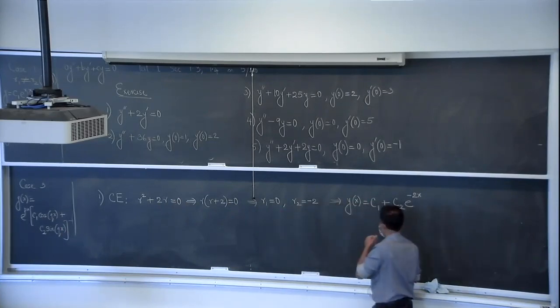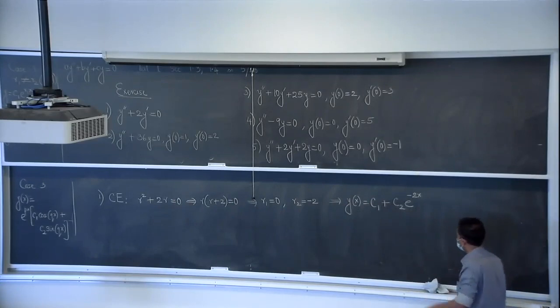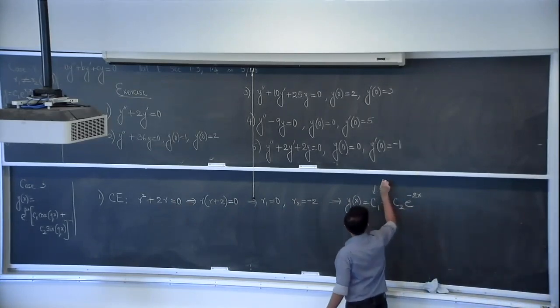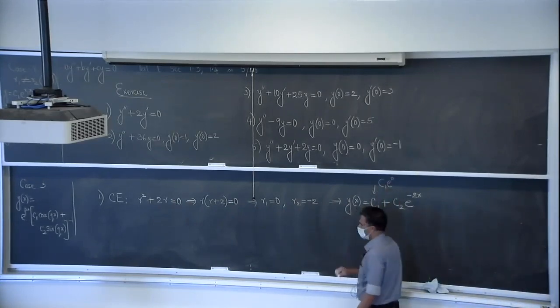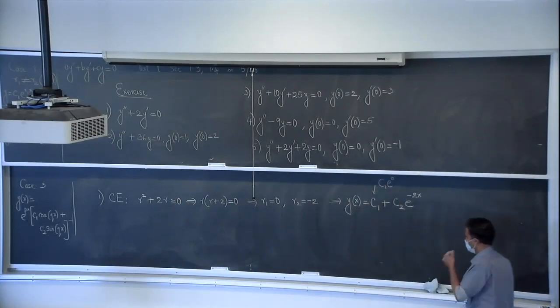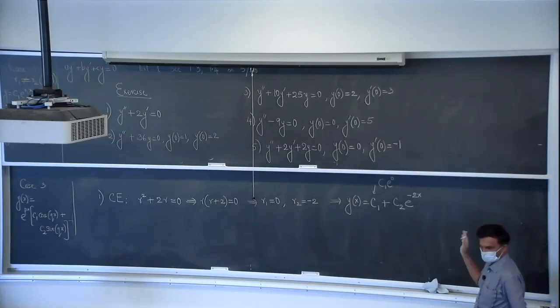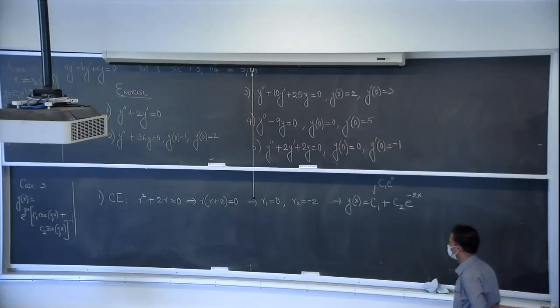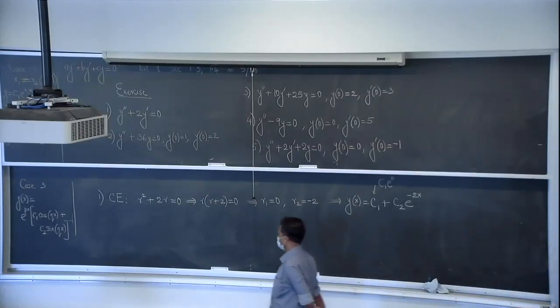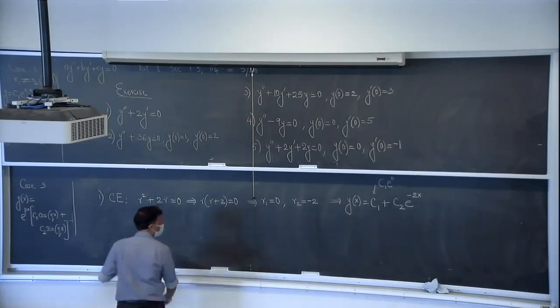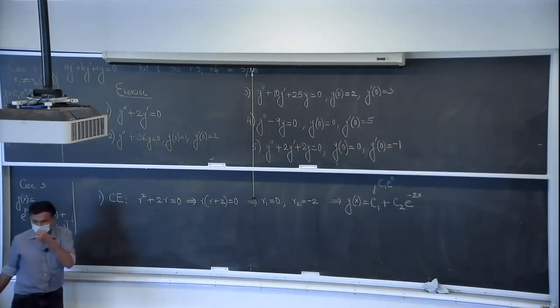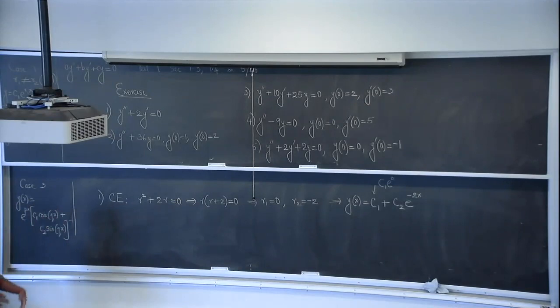So it's C1 plus C2 e to the negative 2x, and this is going to be C1 e to the 0. You don't have to write e to 0 explicitly. You should always have 2 terms when you write the general form. Good. Is that what everybody got? Any questions? Case 1 is easy if you don't make any unnecessary mistakes.